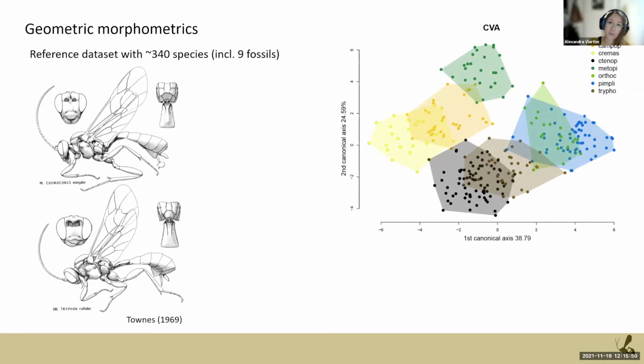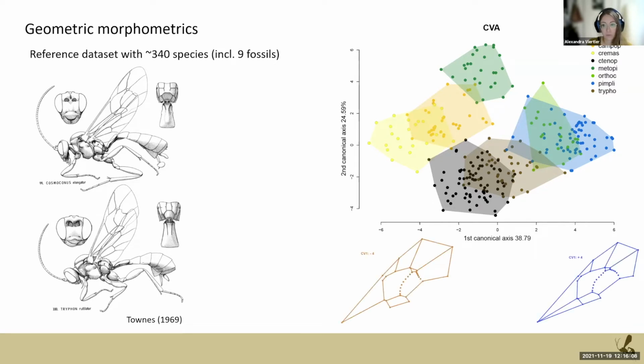Some groups, subfamilies, split rather well, and some are intermediate between 2 others or mix completely. Here it's just shown the first two axes of the CVA, but they split quite nicely. And if we look at the shape differences, I won't go too much into detail, but you can really see some differences, which I could use also later.